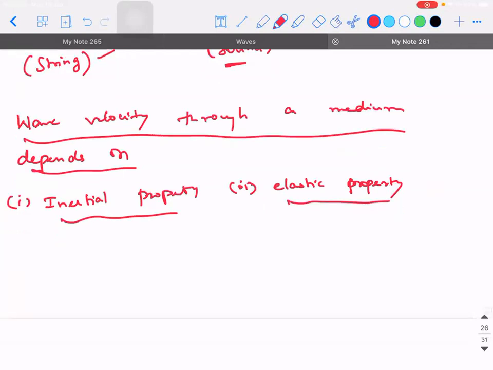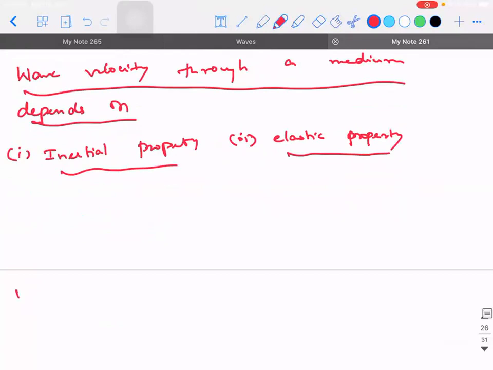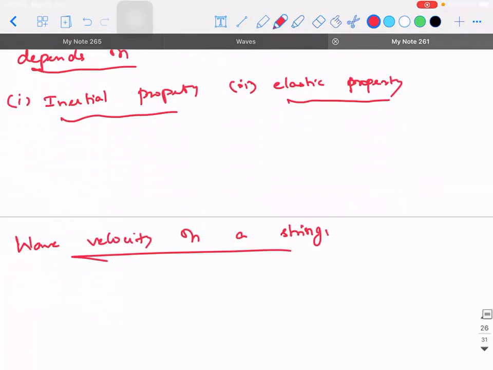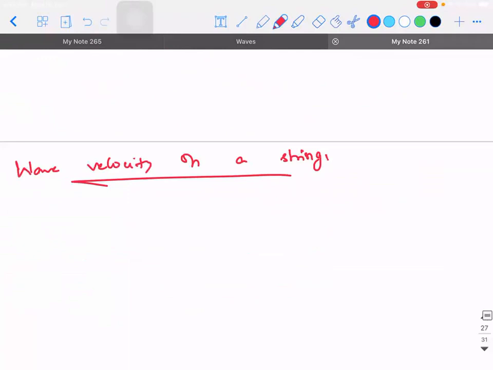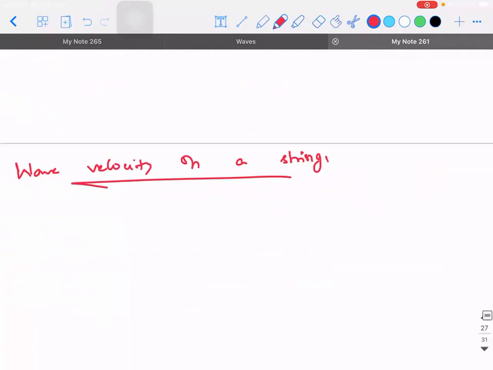Okay. So with the same context, if I try to calculate wave velocity on a string, then it should depend on the inertial and the elastic properties of a string. So what defines the inertial property of a string?